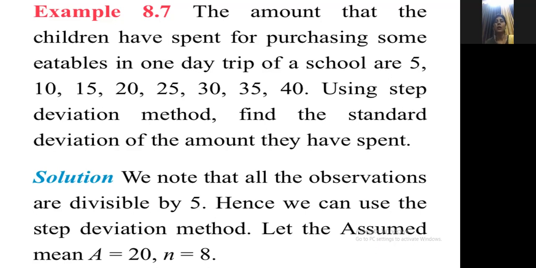Here we can choose either of the two middle values, 20 or 25. So we use the assumed mean as 20, and the number of observations, as I said, is 8. So let's start calculating the standard deviation for these values.